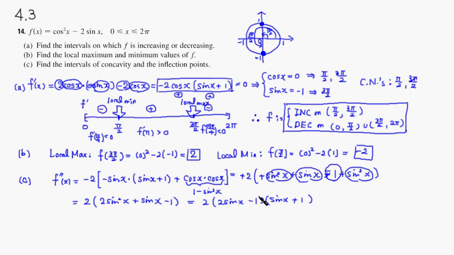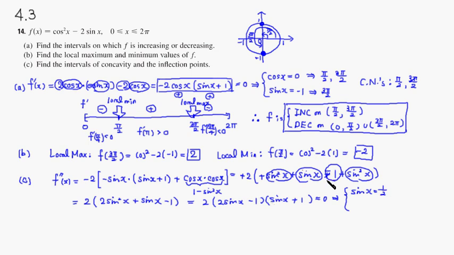If you set that equal to 0, you can see one solution is sine of x has to be 1/2 to make this factor 0.